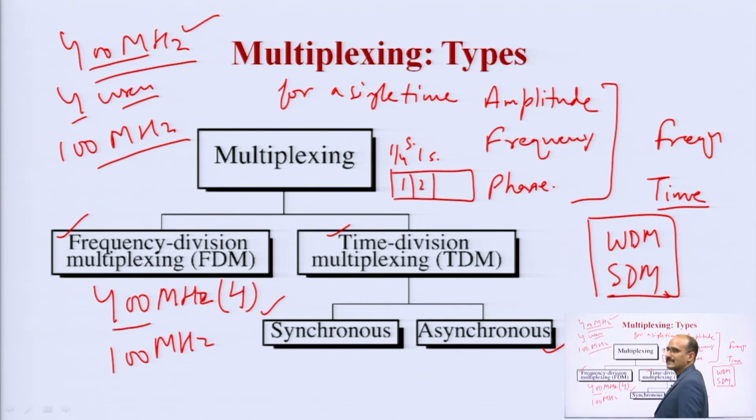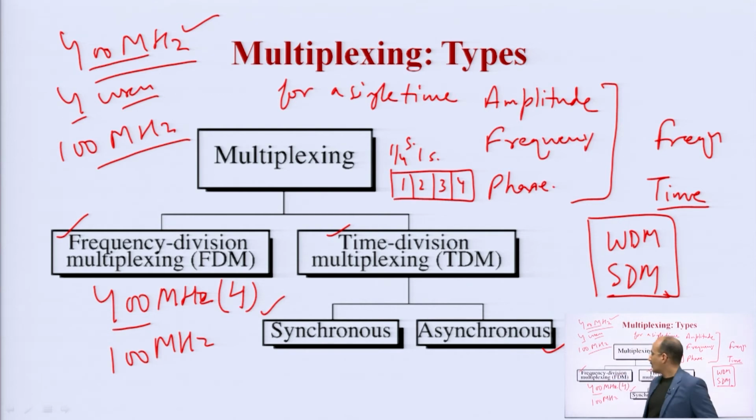Similarly, the next 1/4 second is allotted to user 2, and the next ones are for users 3 and 4. It means 1 second is divided among 4 users by allocating 1/4 second of the complete 400 megahertz to a single user.